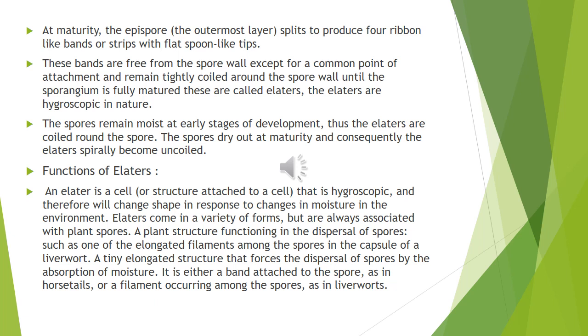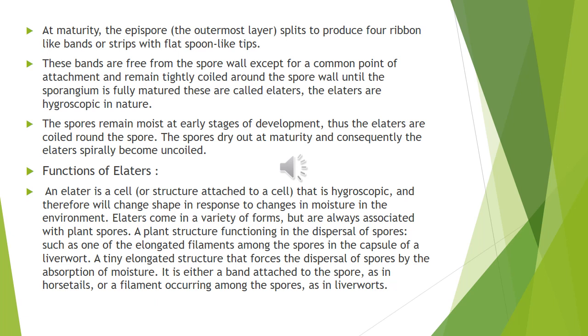Now we will see the functions of elaters. An elater is a cell or a structure that is hygroscopic and therefore will change shape in response to changes in moisture in the environment. Elaters come in a variety of forms, but they are always associated with plant spores.